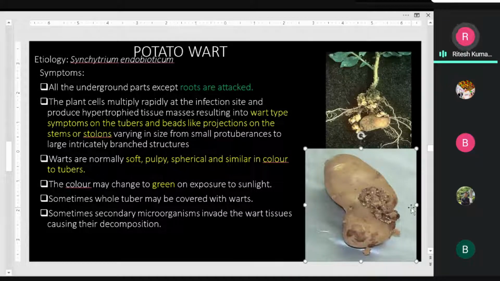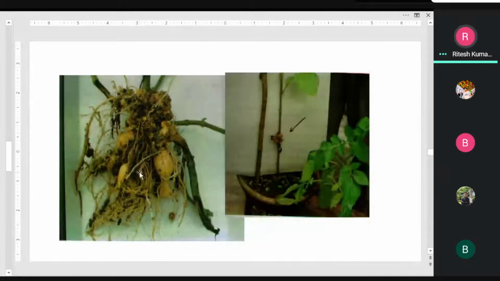But symptoms are prominent generally on the tubers, and sometimes, very rarely, elsewhere. So they are characterized by cauliflower-like warty growth. They may be small in size, they may be large in size. They cannot be recognized until and unless tubers are dug out.